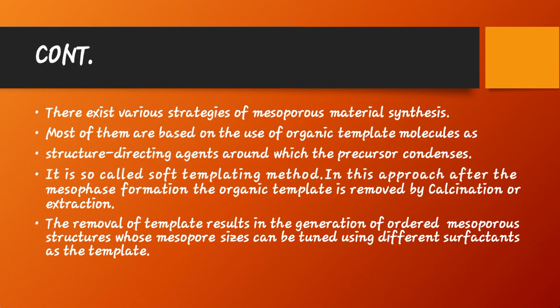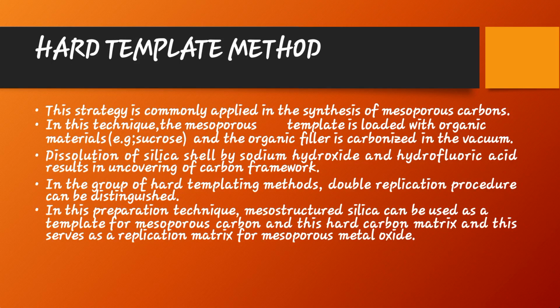In this approach, after the mesophase formation, the organic template is removed by calcination or extraction. The removal of template results in the generation of ordered mesoporous structures whose mesopore sizes can be tuned using different surfactants as the template.